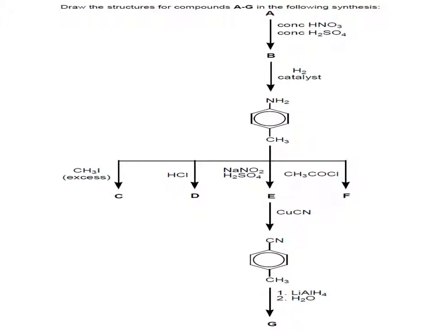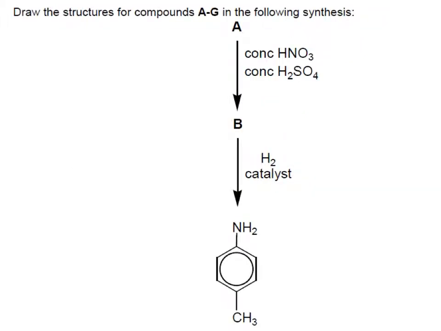We turn A into B, and then we produce this compound which we're told the structure of, and then we're told we can do a variety of reactions with this compound, but we can also turn that into G. I've chopped up the question into bite-sized pieces, and to start with we're just going to look at the first two steps up here. So here we've got compound A being turned into B, which is then turned into this molecule here, which is sort of our halfway house, if you like.